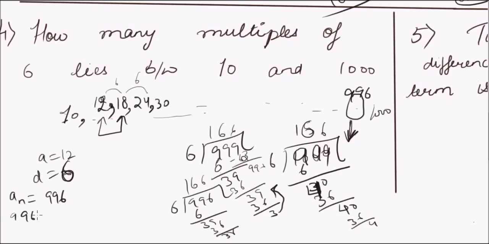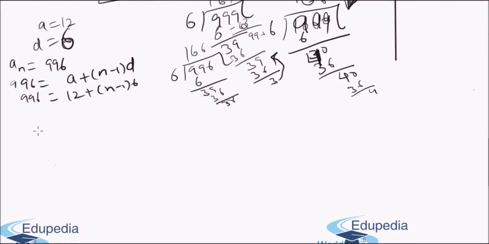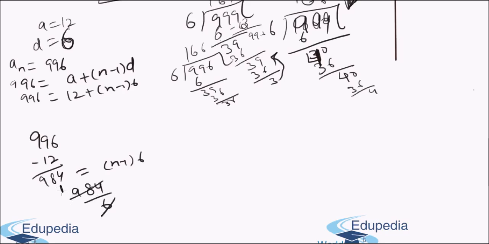So 996 equals a plus n minus 1 d, that is 996 equals 12 plus n minus 1 into 6, which gives us 996 minus 12, that is 984, which is equal to n minus 1 into 6, or 984 divided by 6, that is 164 equals n minus 1.